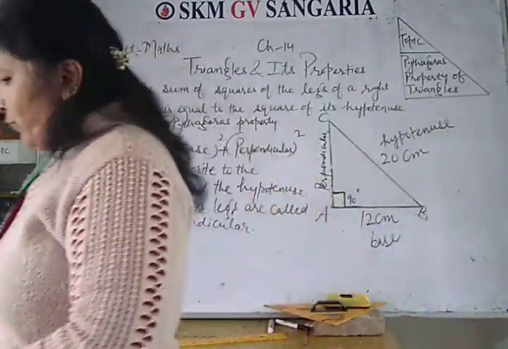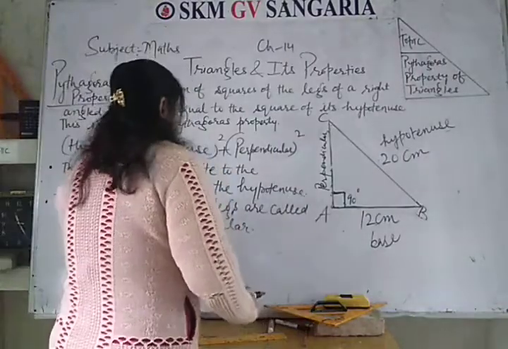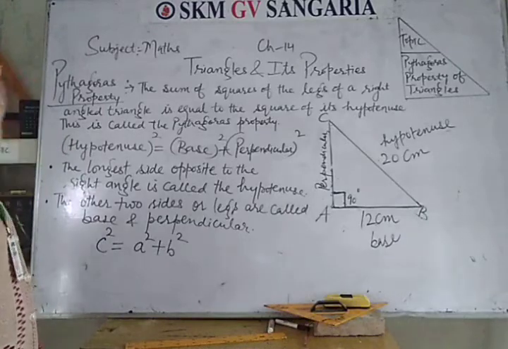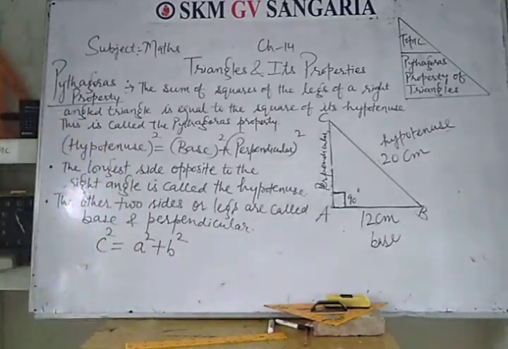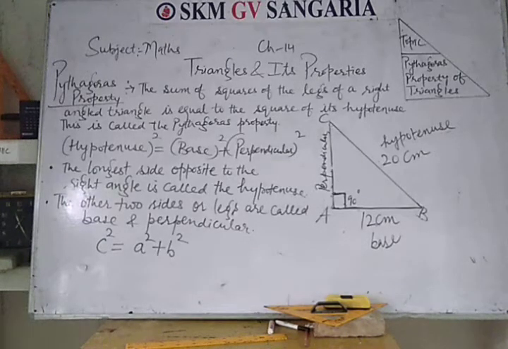Here you are asked to find the missing length, so we will start by Pythagoras property.